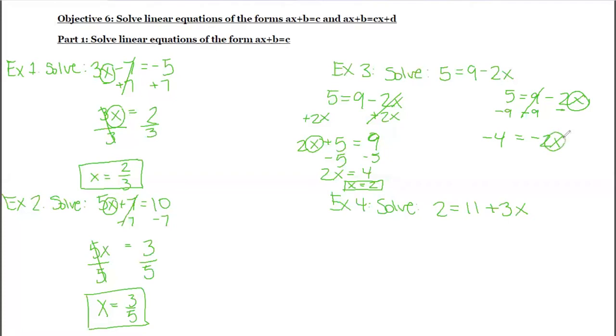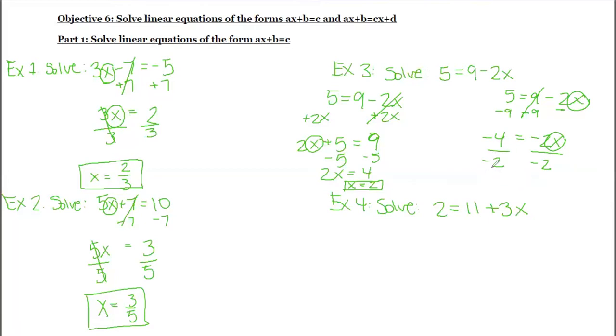We still want to get x by itself. So this negative 2 is being multiplied by the x. So we have to divide both sides by negative 2, okay? And y'all remember, when we take a negative number and divide it by another negative number, we get a positive number.